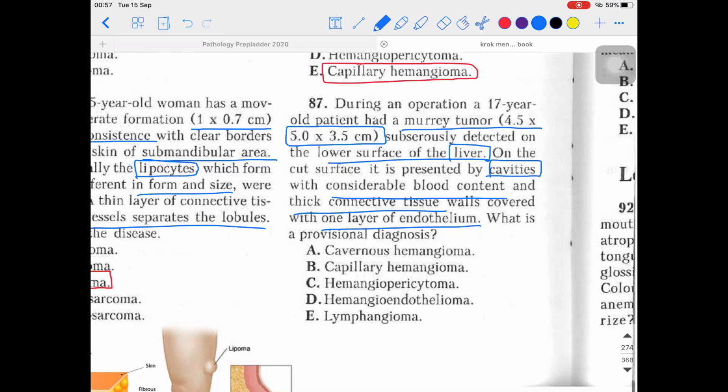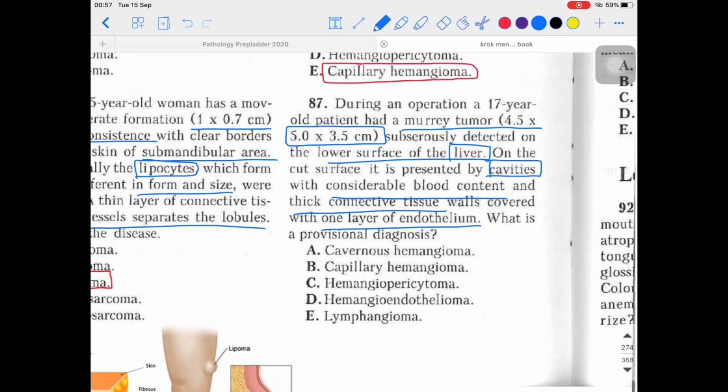This is also a case of hemangioma, which is a tumor of the blood vessel. I told you two major types, capillary and cavernous. Capillary hemangioma occurs in the skin and mucous membrane, for example the upper lip, and most frequently in children.